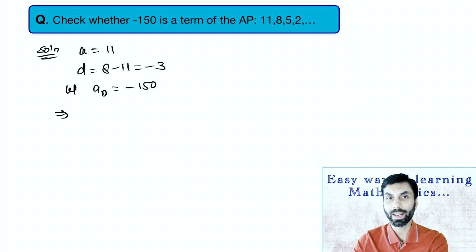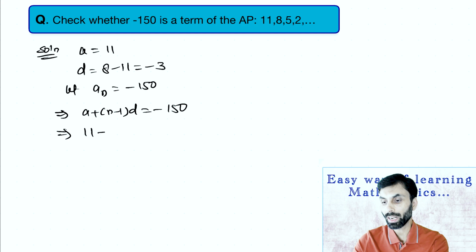Now, if we use the nth term formula, which is A plus n minus 1 into D, we get minus 150 equals 11 plus n minus 1 into the common difference, which is minus 3.